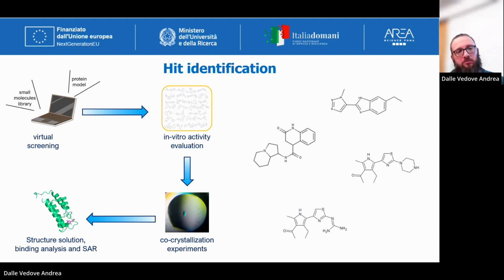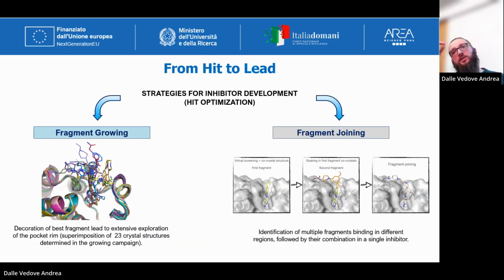You do this cycle a few times until you reach molecules of a certain complexity, and you cannot go in this way anymore. So you can't just screen libraries, but you have to start planning different strategies to improve the performance of your molecule. The phase is called hit optimization or hit to lead, it depends.